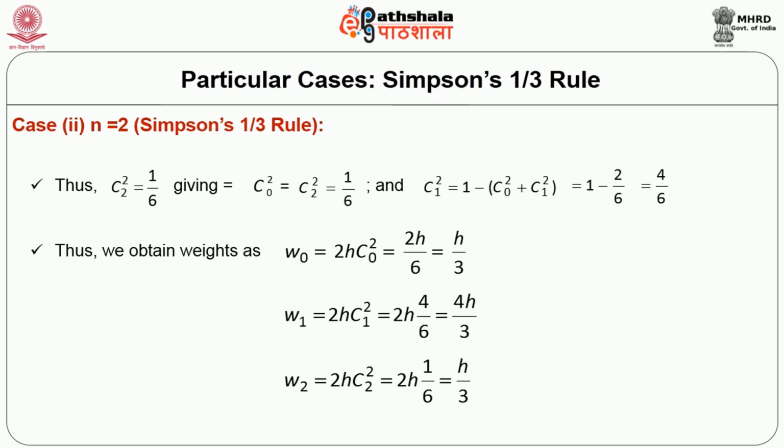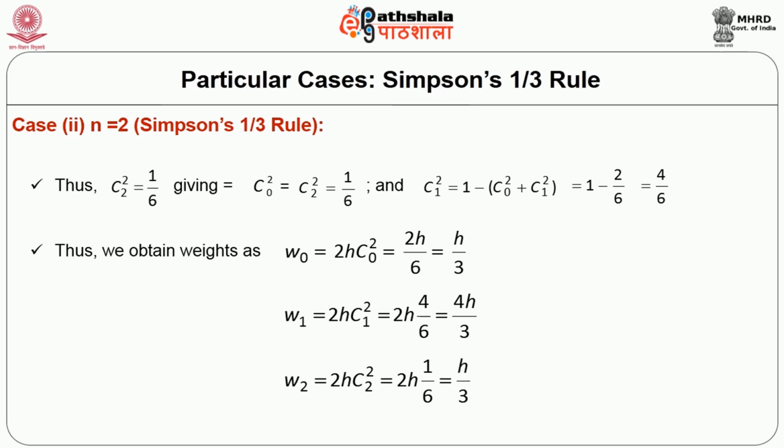2c2 is 1 by 6 and so 2c0 will also be 1 by 6, and the sum of all the Cotes coefficients is 1. So 2c1 becomes 1 minus 2c0 minus 2c2. So 1 minus 2 by 6, and that becomes 4 by 6.